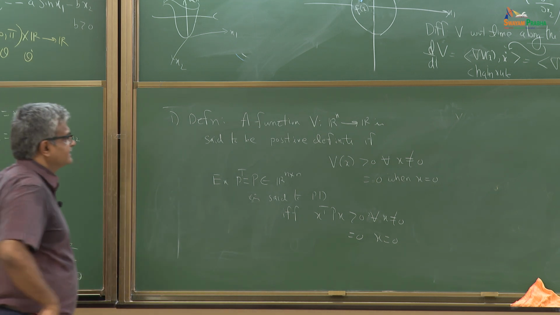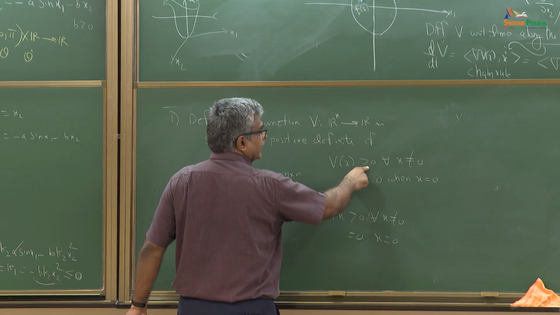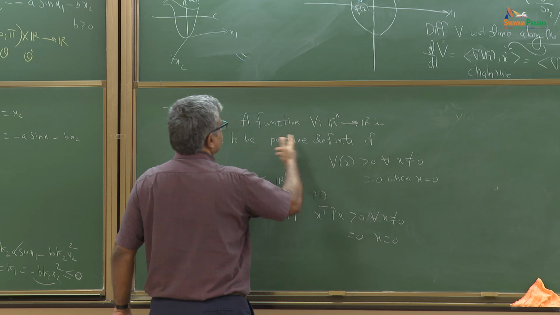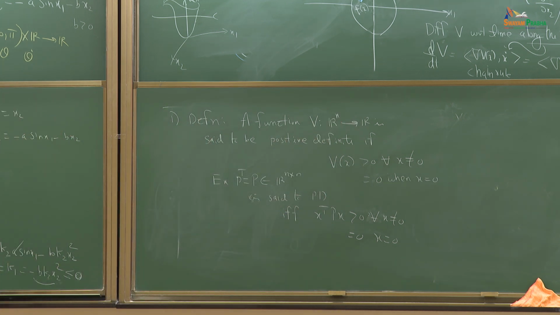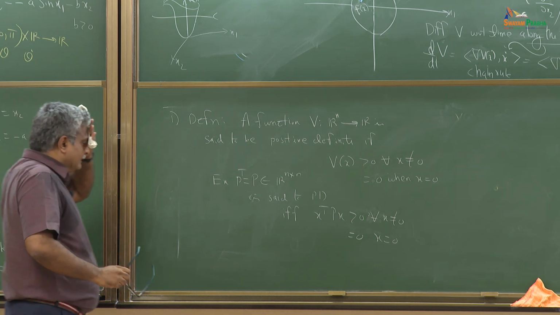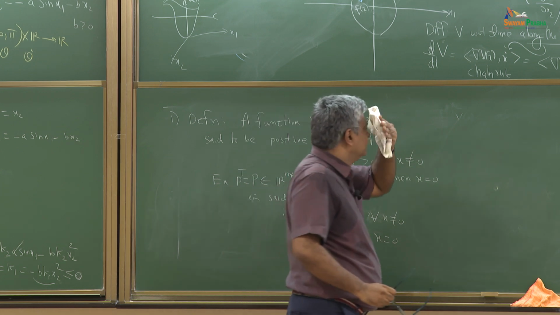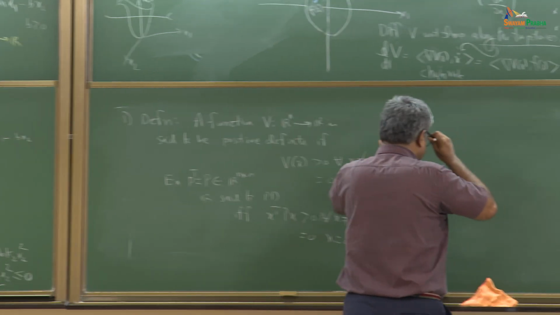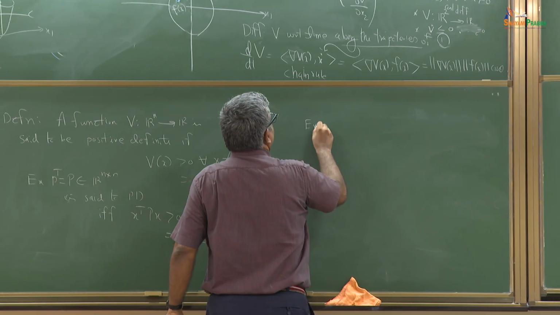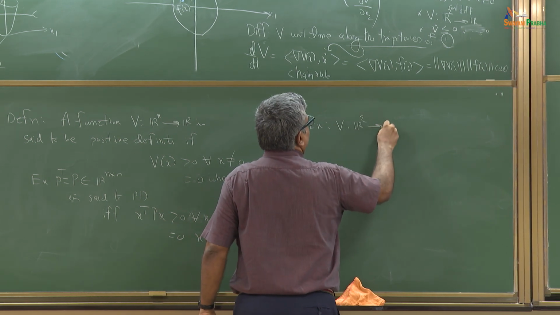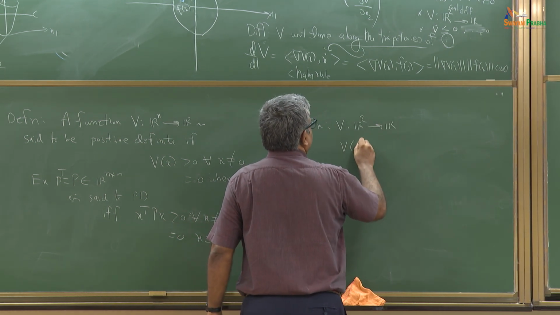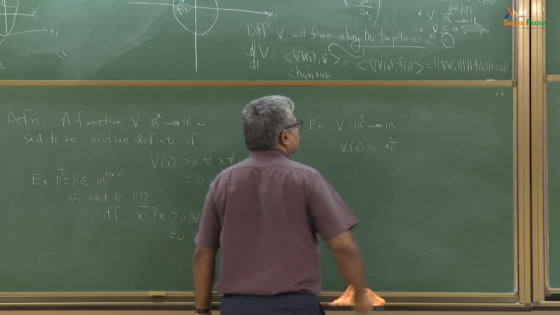So if you replace this strict inequality by an inequality, it becomes what is known as positive semi-definite, right. And then if you reverse the sign, it becomes negative definite and negative semi-definite. Okay. So for example, v from R2 to R, v of x is say x1 square.